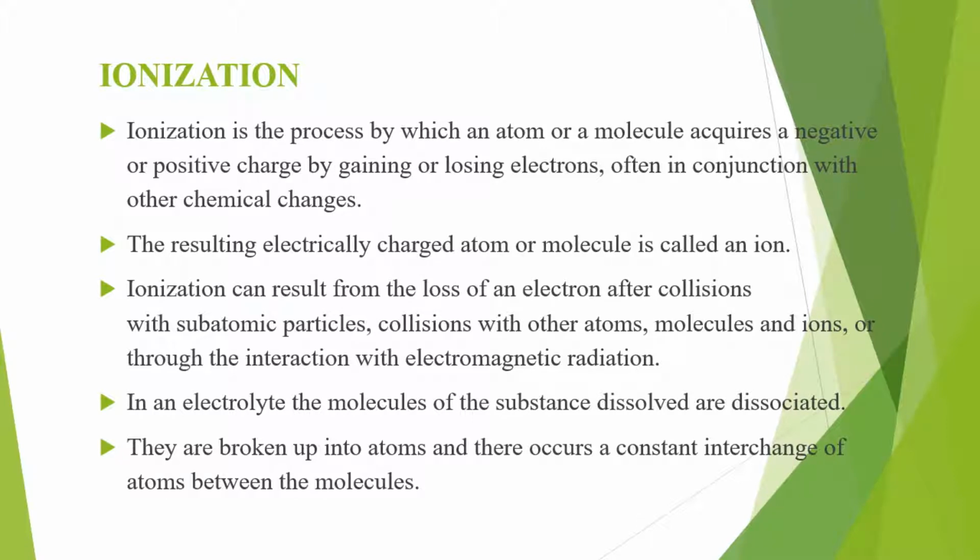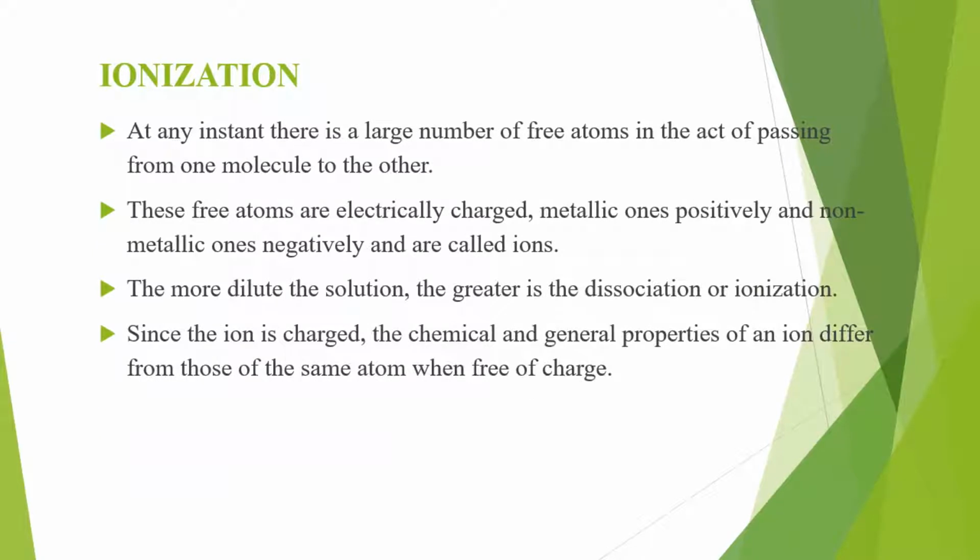In an electrolyte, the molecules of the substance dissolved are dissociated. That is, they are broken up into atoms and there results a constant interchange of atoms between the molecules. Due to the interchange of atoms between the molecules, at any instant, there is a large number of free atoms available.